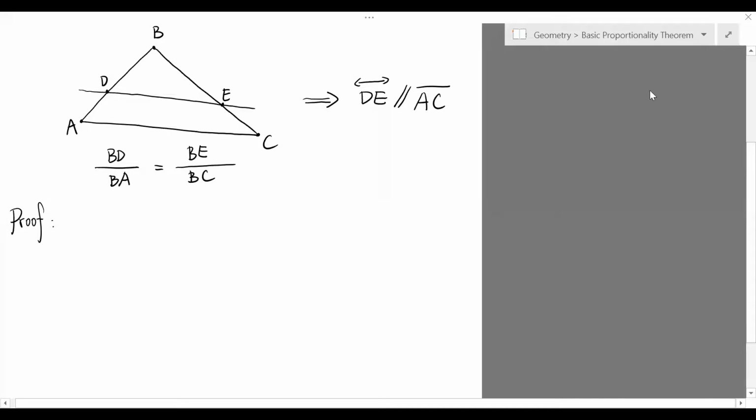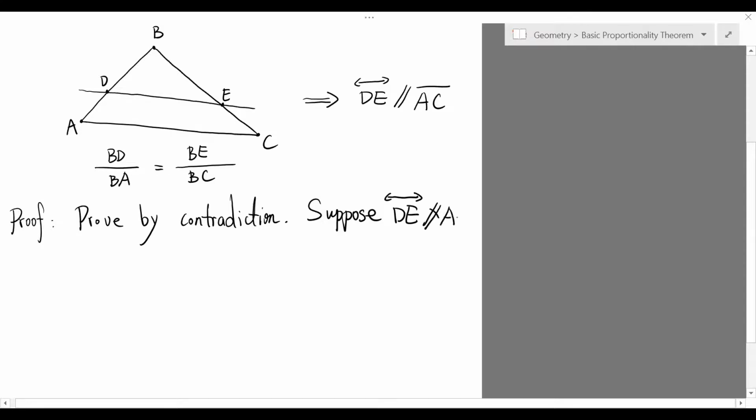The proof of this theorem is a practice of proving by contradiction. Hence, we will begin the proof with negating the result. Namely, we will suppose the line DE is not parallel to the third side, AC.